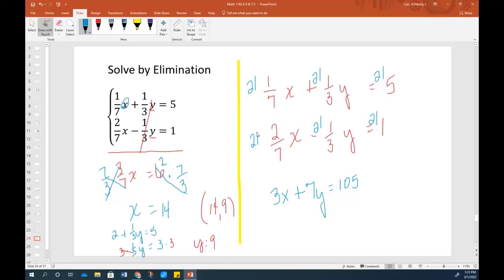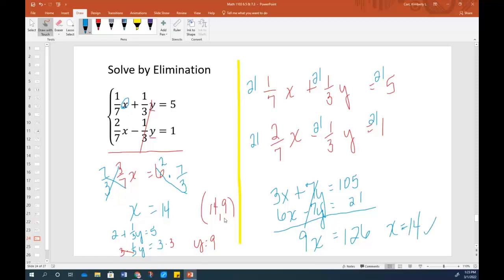Here I would get 7 will go in 21, 3. 3 times 2 is 6, so that is 6x minus 7y is equal to 21. 9x is equal to 126, and x is 14.